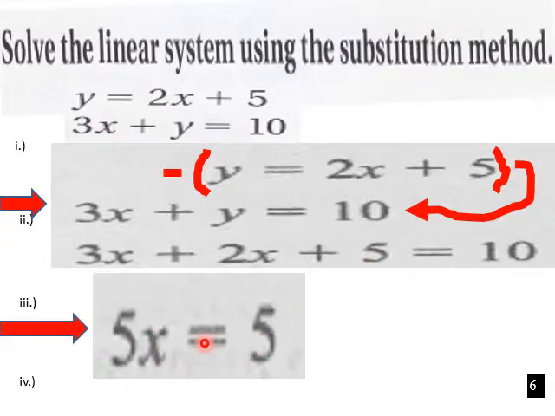And then we get 5x equals 5. We put 2x plus 5 in for y here, and then we combine the x terms. The 5 goes over to the other side, so we get 5x equals 5.